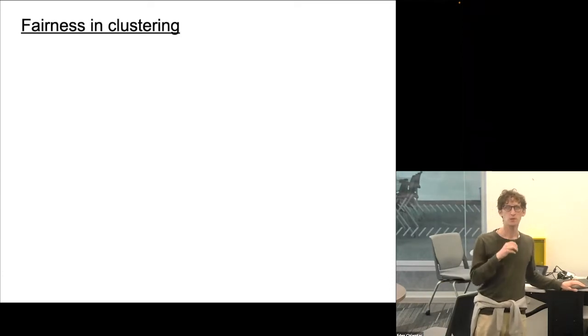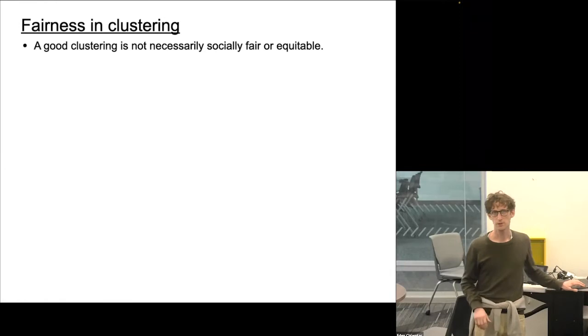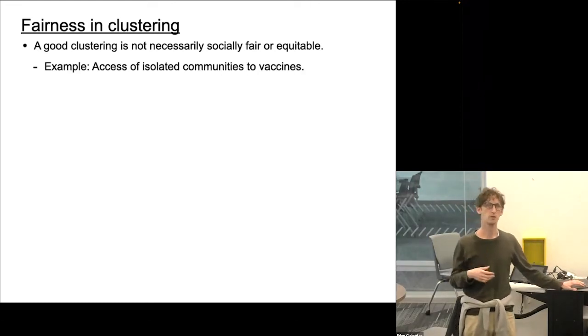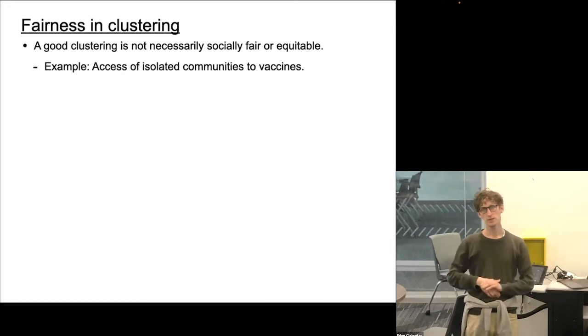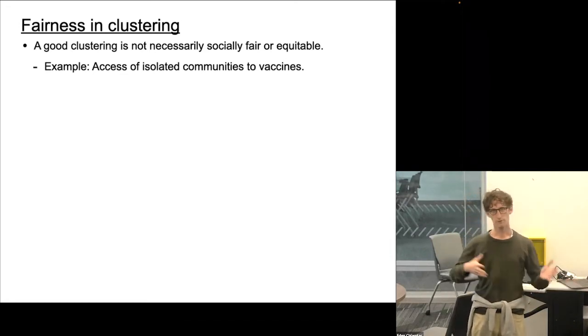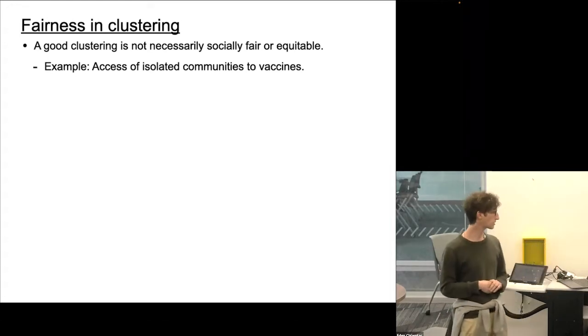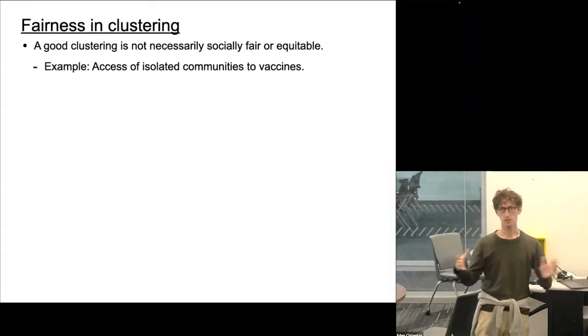Okay, so obviously very well studied, but clustering which we think of as good by these measures is not necessarily fair. What is fair? For example, say you want to assign people to vaccination centers, and you have isolated communities.